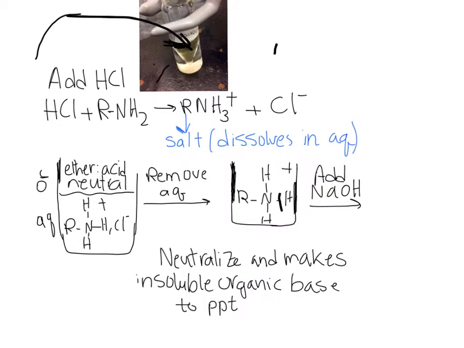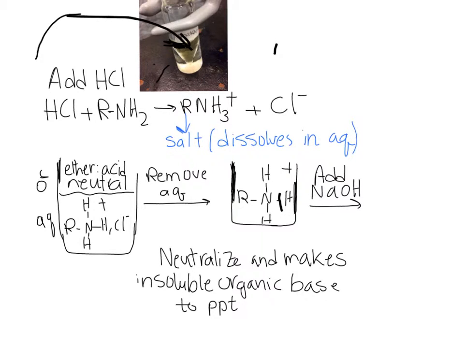And then this ionic compound, this salt, dissolves in aqueous. So what basically happens is that we have two layers right now. The bottom layer is our aqueous, and it has our salt dissolved in it. And then our top layer will still have our acid and our neutral.